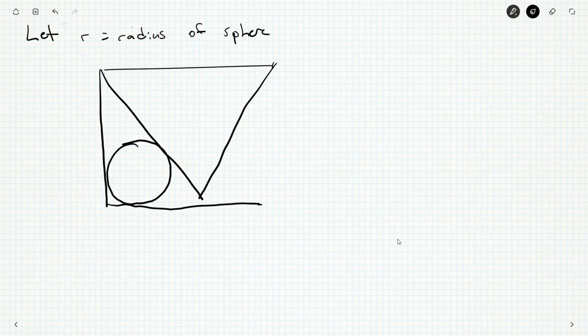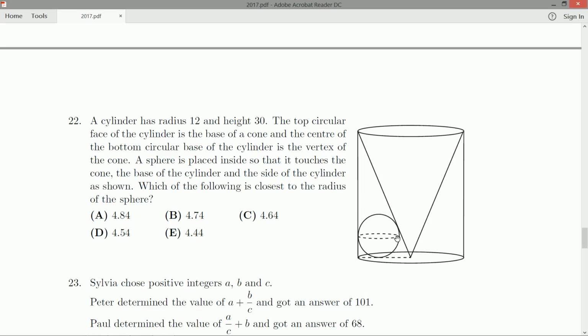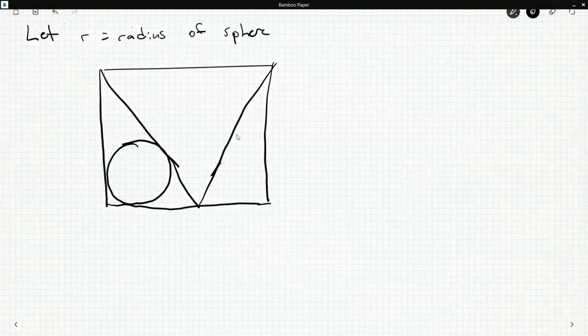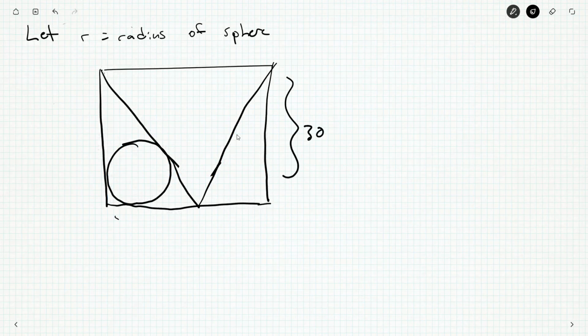There we go. So it's tangent to the sides and the base and our cone here, which is just going to be an isosceles, I think, triangle. And the cone touches in the middle. And we know that we've got a height of 30 and the cylinder has radius 12. So 30, and then this distance here is 12.